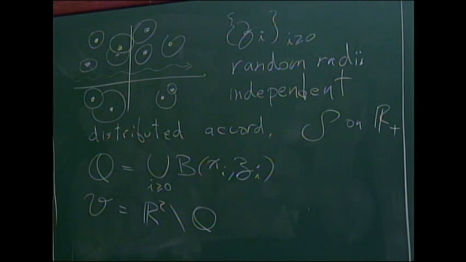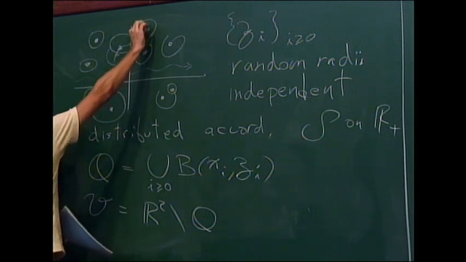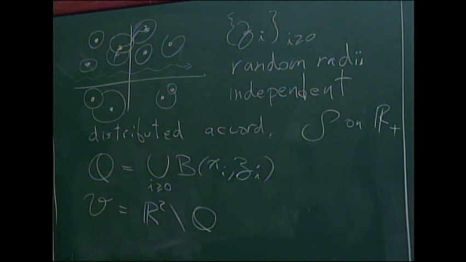Or you could think of the balls as, say, some electrically conductive blobs. And then you would be talking about conductivity in the occupied set. So we are interested in both. Most of the work up to now has been focused on the occupied set, but for practical reasons it's usually easier to analyze the vacant set.